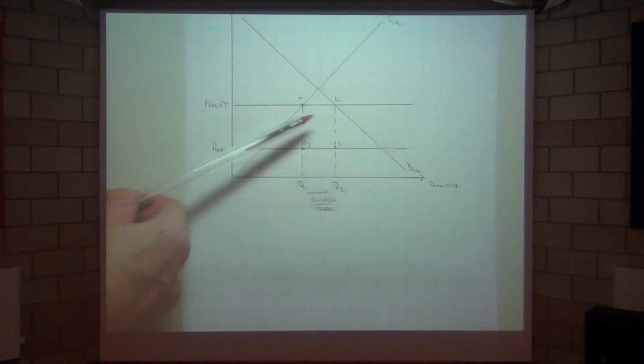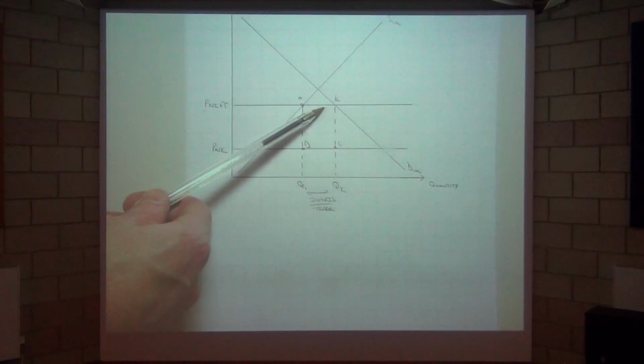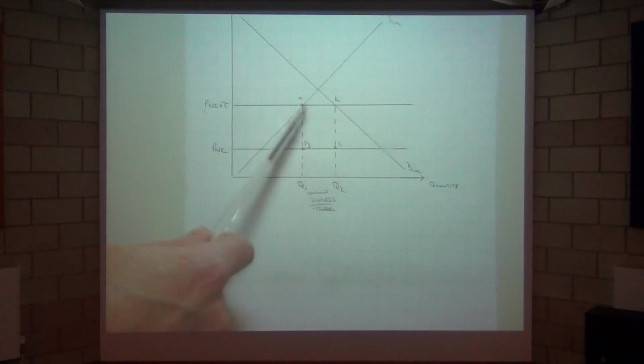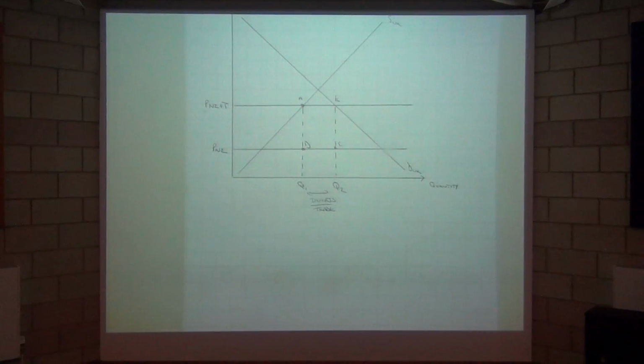And so if we multiply that vertical distance by the horizontal, we are getting the total revenue gained from the tariff. And so one of the reasons governments may choose to introduce a tariff is because they are collecting additional tax revenue, equivalent in this instance to the area A, B, C and D.